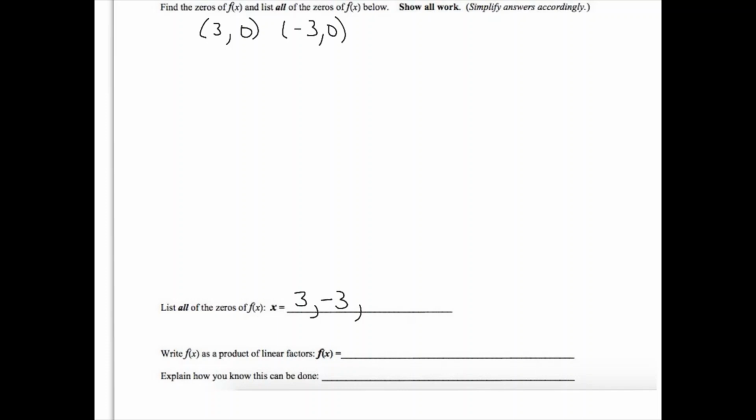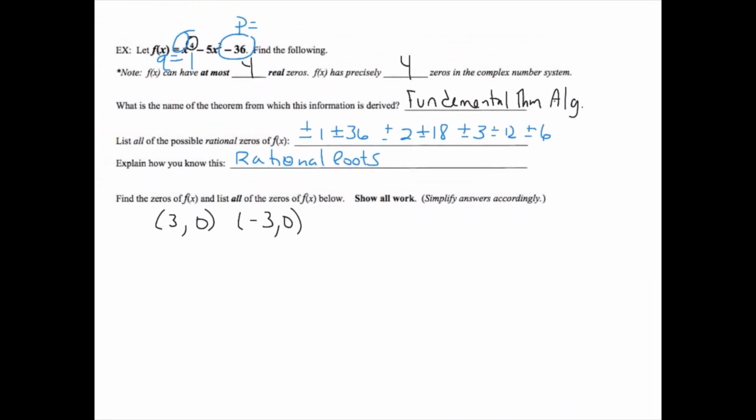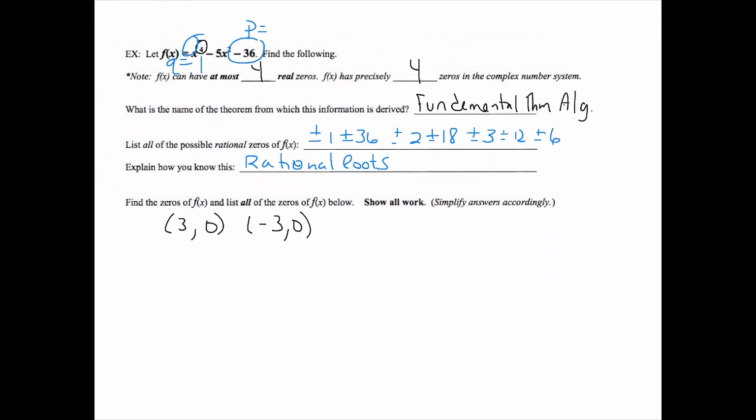I'm missing 2 more. So we're not going to get as lucky as we did in the last one where we knew them all. We'll have to use our synthetic division. So we'll start with 3, and I'm going to divide 3 into my polynomial. Now remember how we write the polynomial. We write 1, I make a 0 because there's no x cubed, -5, a 0 because there's no x, and a -36.